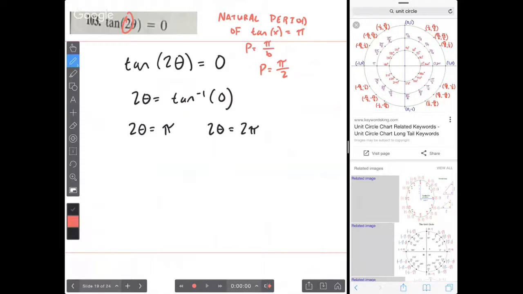So then I was here. I said theta equals pi over 2, or theta equals just pi. I see that these two are separated by one period. So they don't both need to be articulated when I express in set notation.